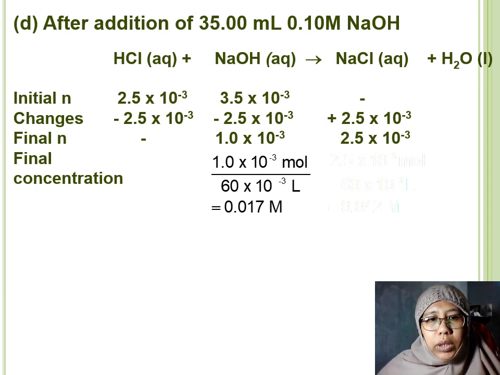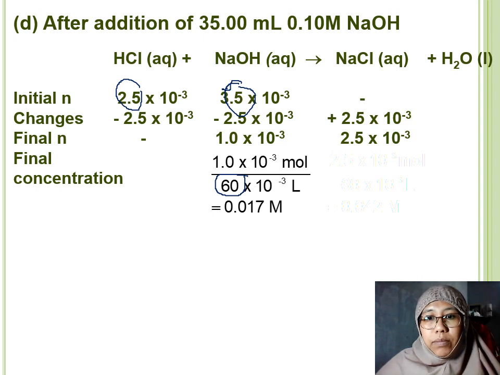Notice that the total volume of the solution now is 60 times 10 to the power negative 3 liters, because we add 25 and 35. Oops, sorry. We got 60 over 1,000, making 60 times 10 to the power of -3 liters.